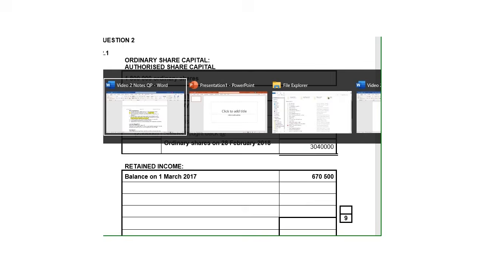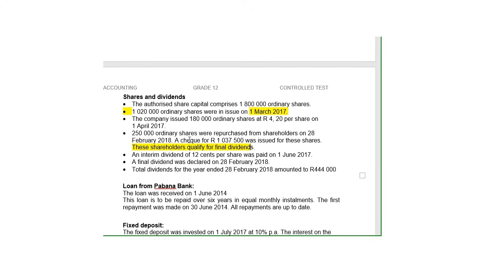And if I go back, nothing is mentioned. They tell me in total I paid 1,037,500, but I must split that. The average goes to ordinary share capital, and whatever is more than the average will go to retained income.